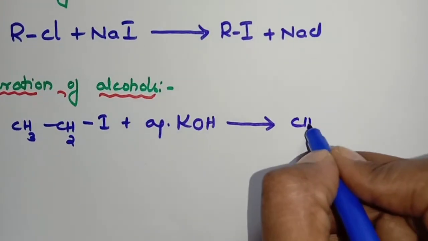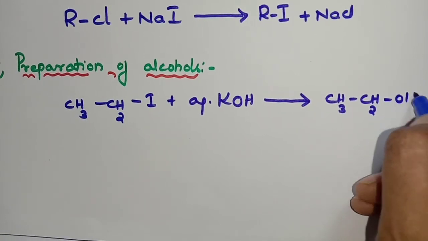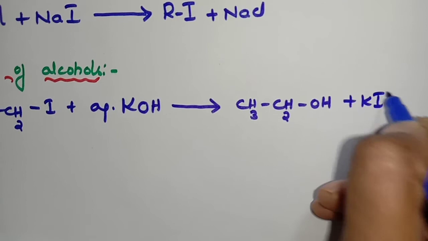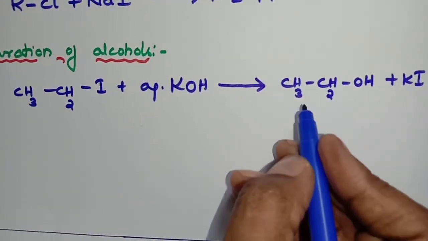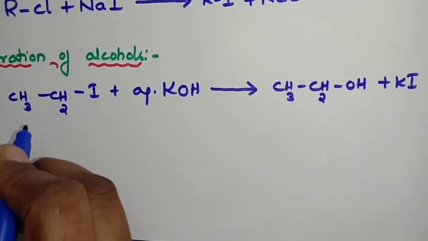Ethyl iodide. We get CH3CH2OH. This K and I come out as potassium iodide. Okay. So we are preparing ethyl alcohol from ethyl iodide, treating it with aqueous KOH.